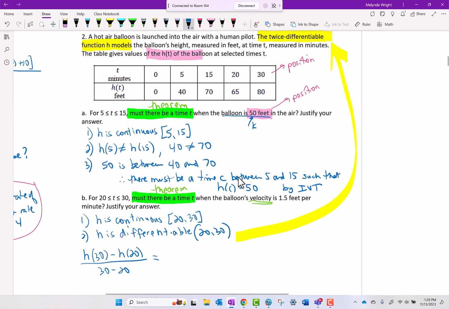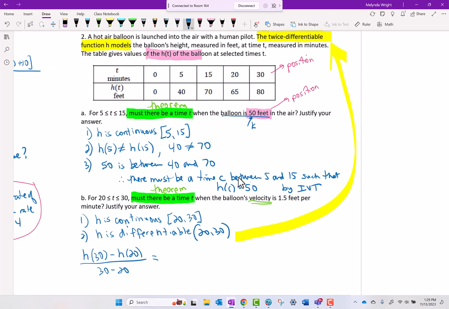It compares average rate of change to a derivative. This value right here is an instantaneous rate of change. That's how I know. So you'd be like, well, how do you know you're supposed to find the average rate of change? Well, because they gave me the instantaneous rate of change, and I need to find the average rate of change to see if they're the same thing. That's a typical thing they're going to ask us to do.